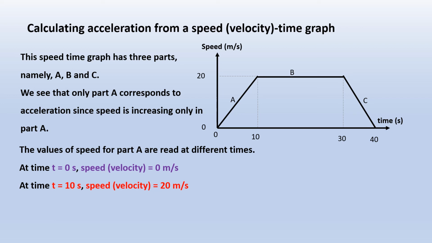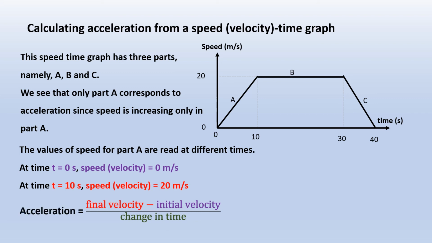So, we are going to use a formula for acceleration. We know acceleration is equal to final velocity minus initial velocity over change in time. Here, the final velocity is 20 meters per second. The initial velocity is 0 meters per second.